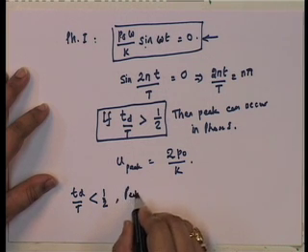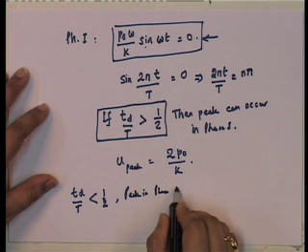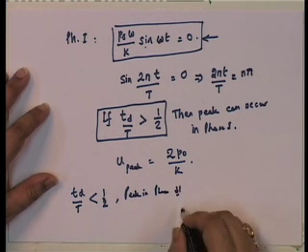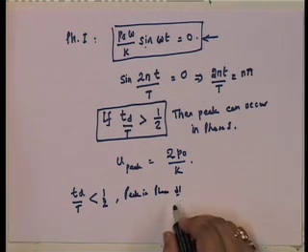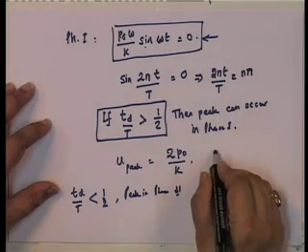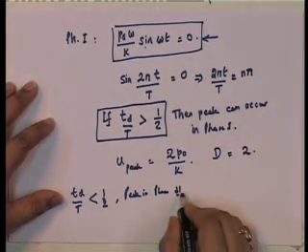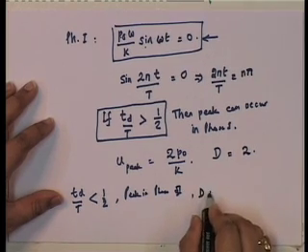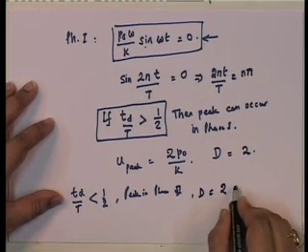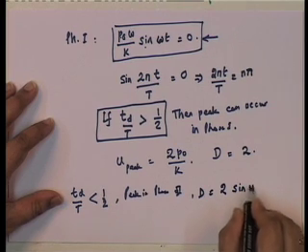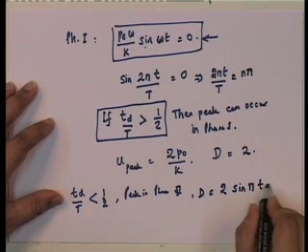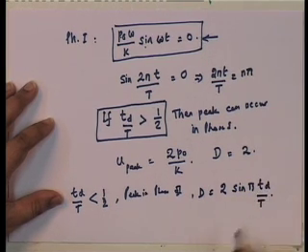peak in phase 2, and what is that peak value? The peak value is equal to, so in other words, D is equal to 2, and if peak is in phase 2, D is equal to 2 sine(pi T_d upon T).